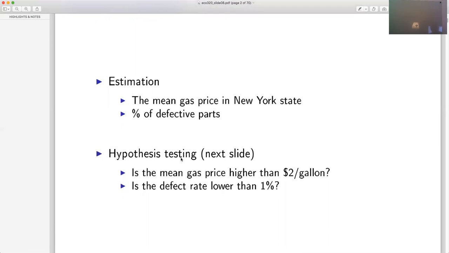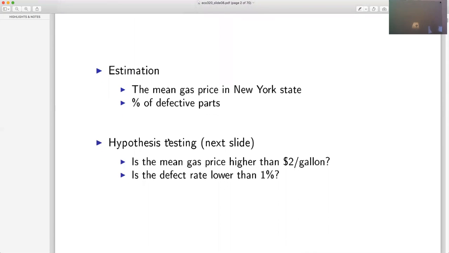So hypothesis testing, which we're going to talk about in the next couple of weeks, is where we are testing whether our estimation is correct or not. For example, is the mean gas price higher than $2 per gallon in New York State or not?